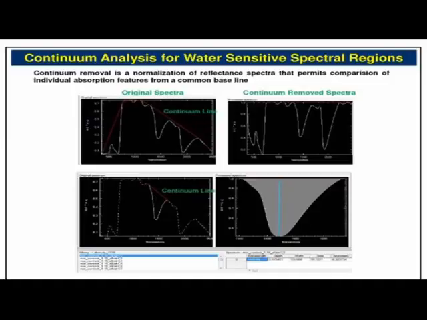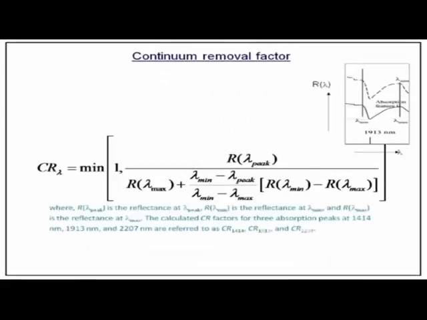So these are some of the techniques which can be used, using the water absorption or specific absorption bands, for estimating different parameters. Yesterday I discussed the continuum removal factor. Using this continuum removal factor, one can also estimate the relative water content. This is the continuum removal factor which has been used, with a good R-square value for the prediction models.